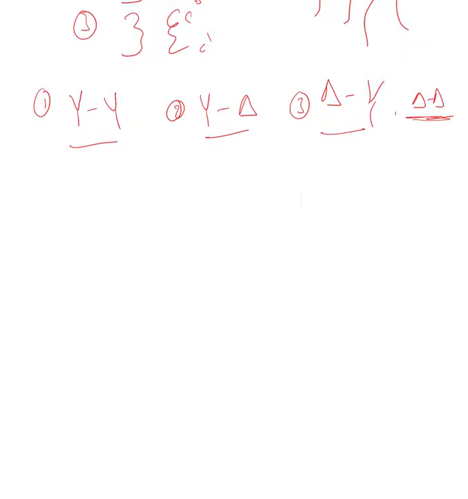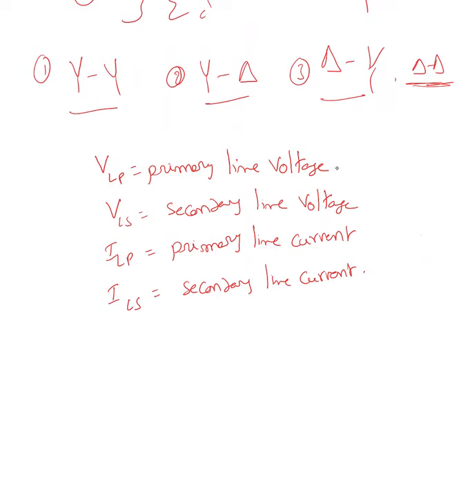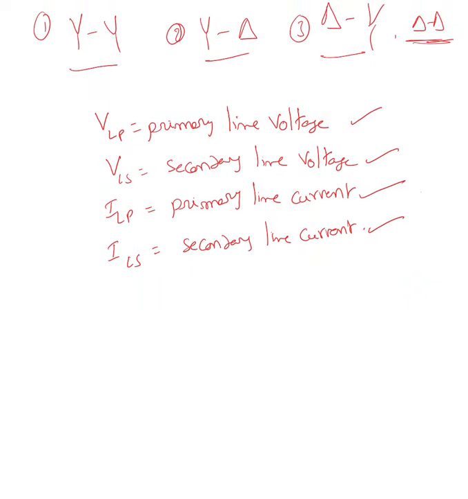Now when it comes to the primary, here VLP is the primary line voltage, VLS is the secondary line voltage, ILP is the primary line current, ILS is the secondary line current. I didn't indicate the phase voltages and phase currents, but there are phase voltages and phase currents. For better understanding, I'm going to say a few important points.